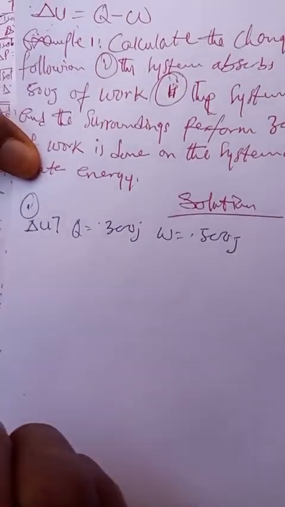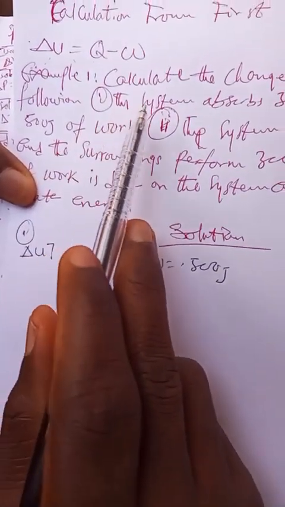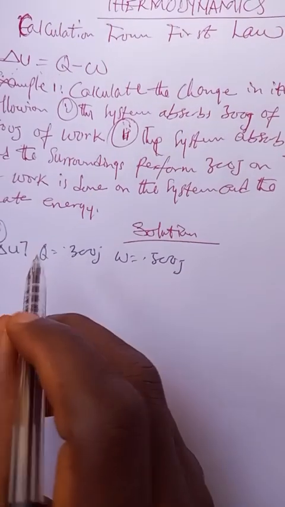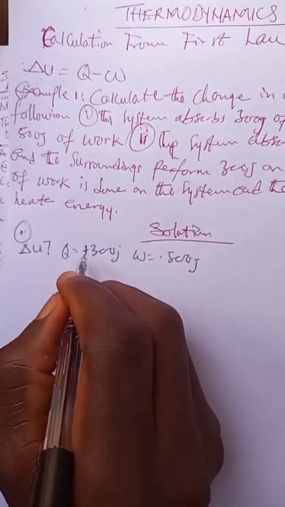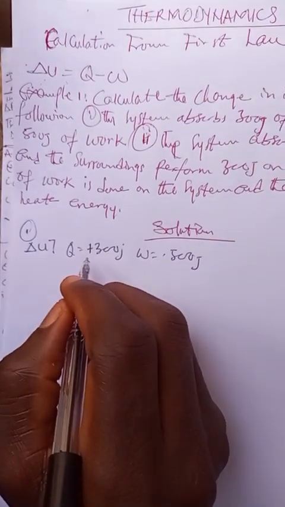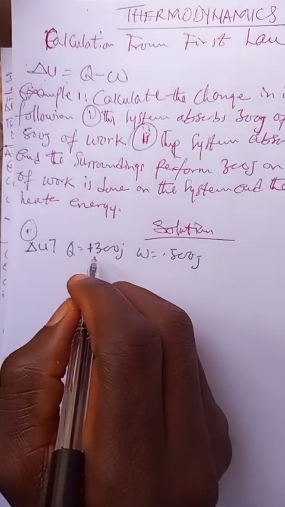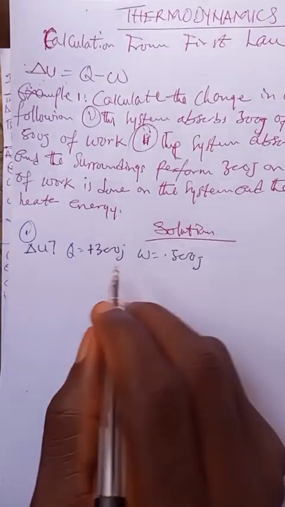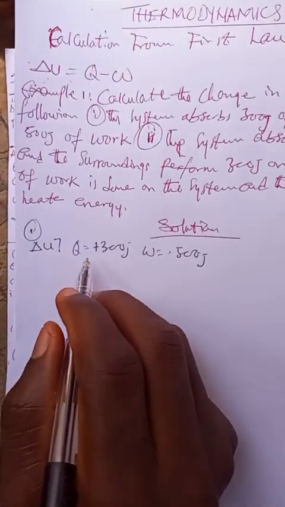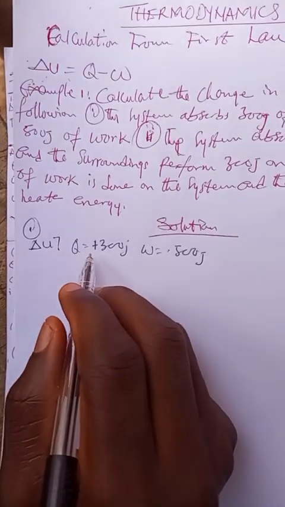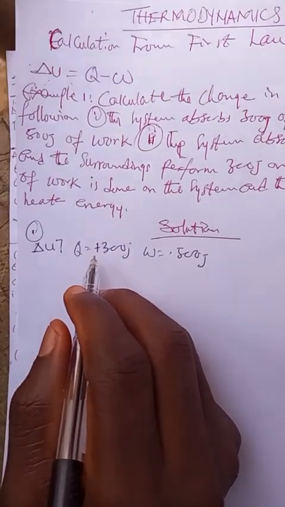But you have to note this. If the system absorbs heat, your Q is plus. If the system gains heat, your Q is plus. But if the system loses heat, it means that your Q is minus. Take note of all this.